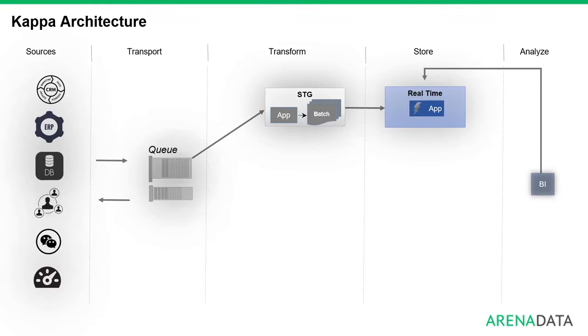But it seems that this whole architecture has transformed to Kappa soon, because the previous architecture is very complex and very difficult to manage, configure, monitor and maintain with a lot of different technologies together.